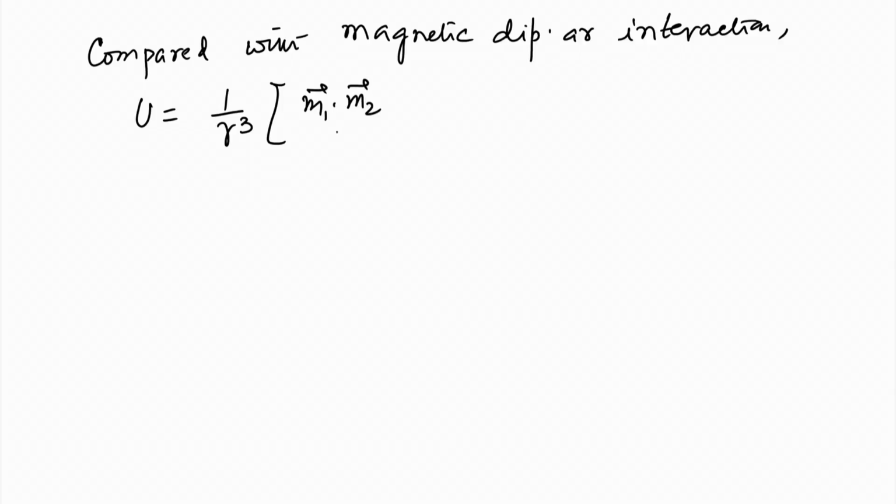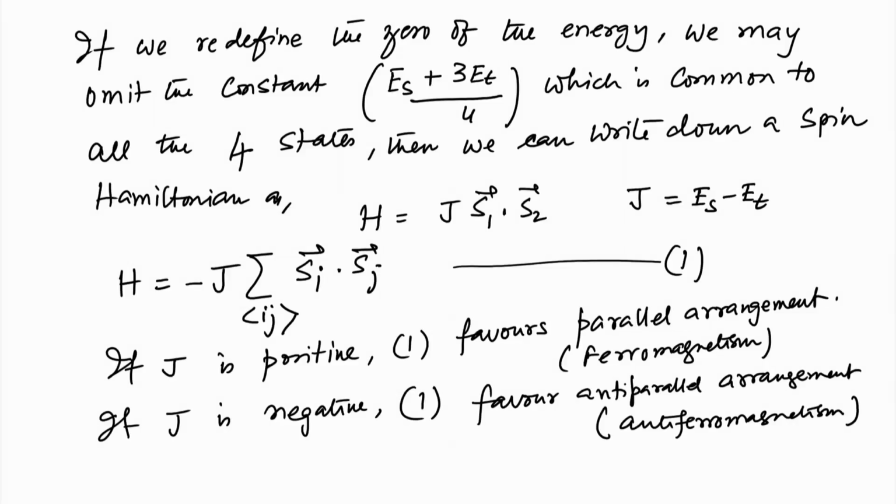So, these are the two magnetic moments. This you are familiar with in the context of classical electromagnetic theory, where the relative distance between m1 and m2 is involved, but here we have a purely spin Hamiltonian, which neglects all spatial symmetries.